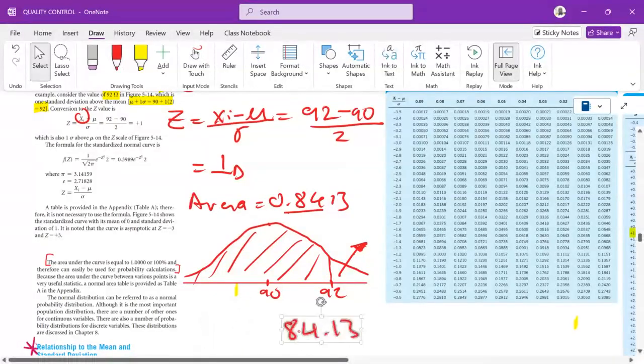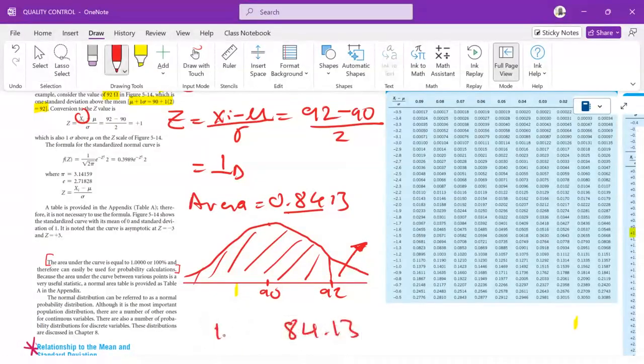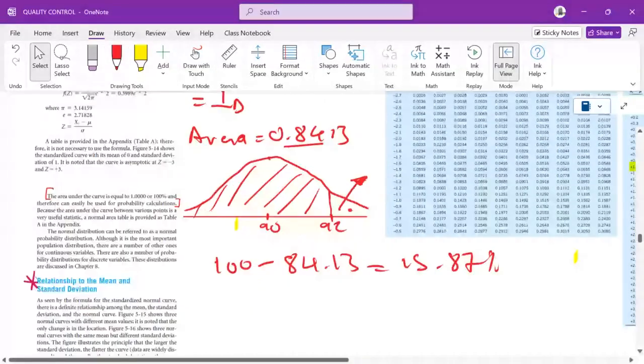It depends on the question we are asked. Then you do 100 minus 84.13, and you get 15.87 percent. This is what is remaining here, but it will go with how the question is derived. So let's see.